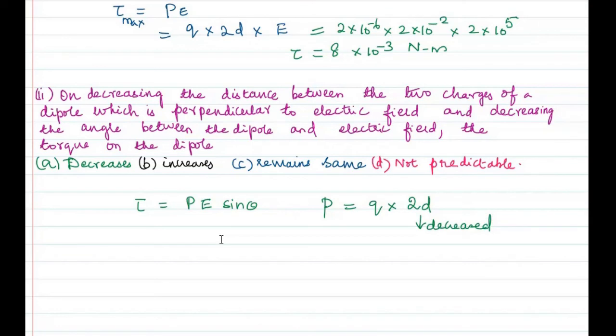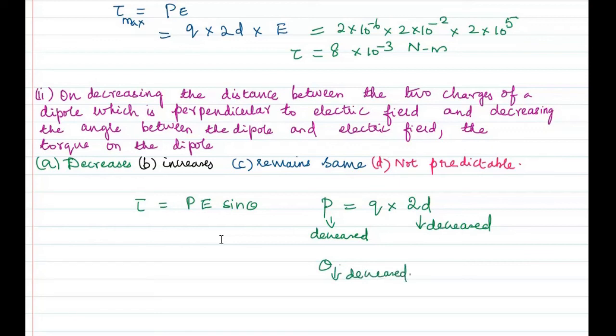Okay, so if the distance is decreased, as well as the angle theta between them is also decreased, then when the distance is decreased, P also gets decreased, and theta is also decreased.